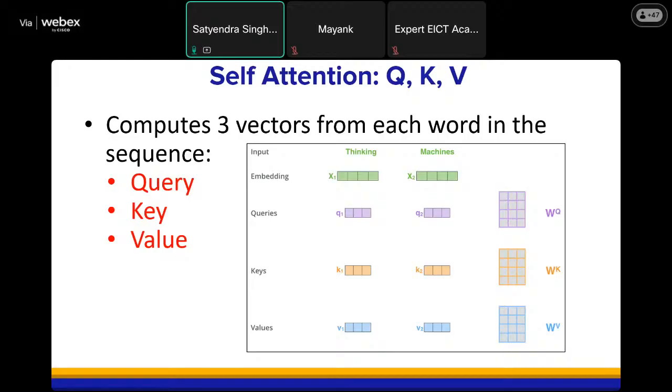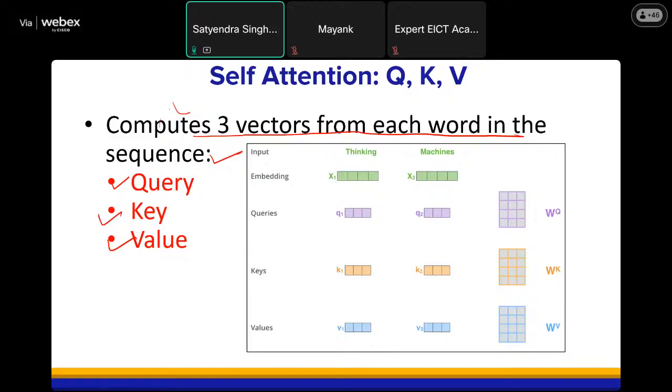In self attention, each word vector is converted into three vectors. Three vectors are computed from each word in the sequence: query, key, and value. As an analogy for query, key, and value, you can think of how you search over the internet.